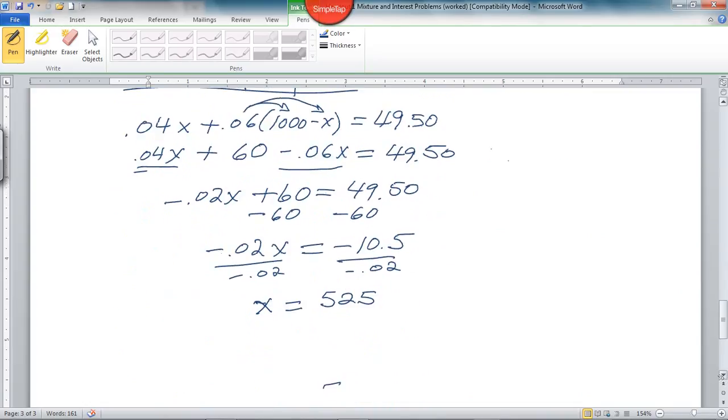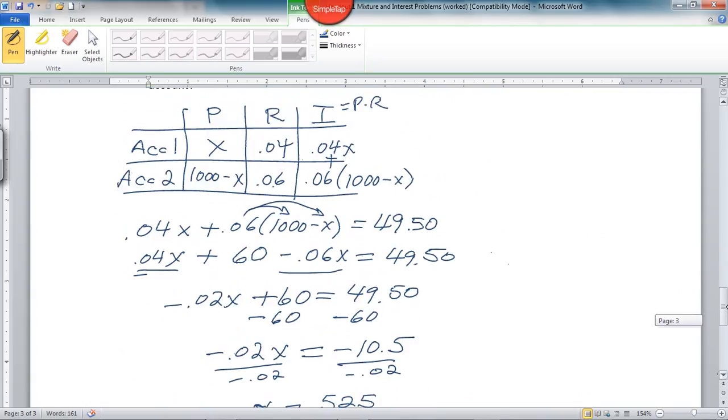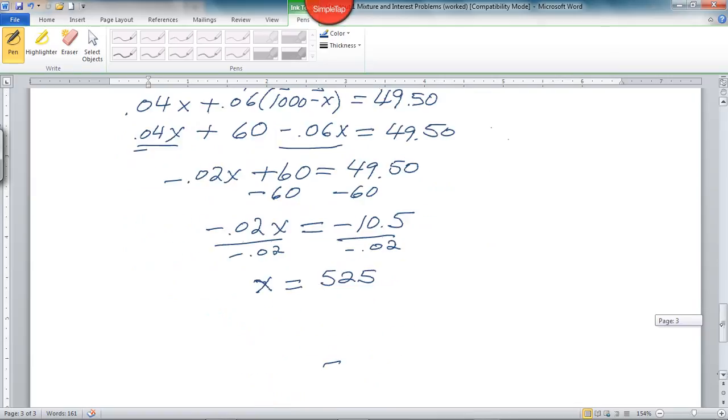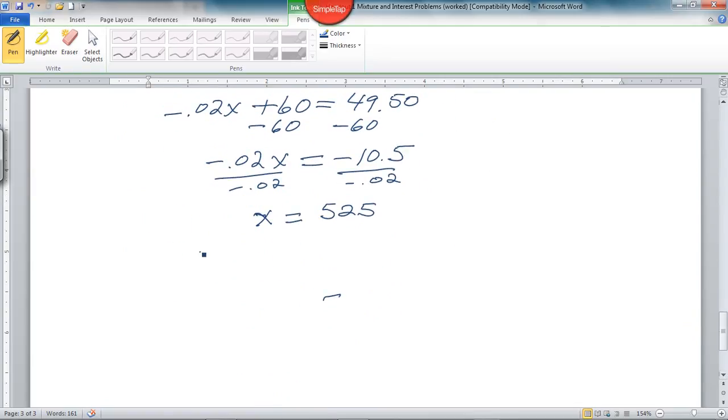What's the 6%? Well, the 6% amount is, notice, 1,000 minus x. So I'll put 1,000 minus x. Now I know x is 525, so 1,000 minus 525, 475.